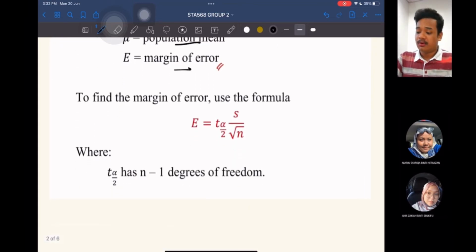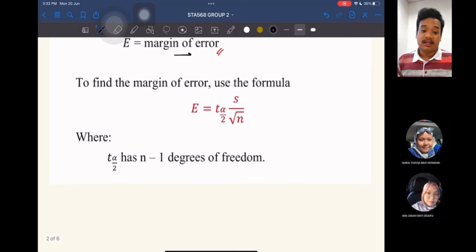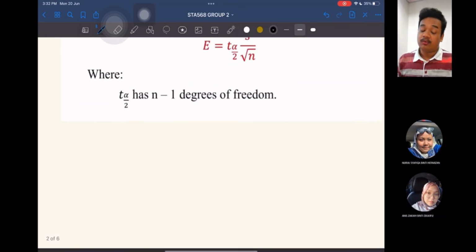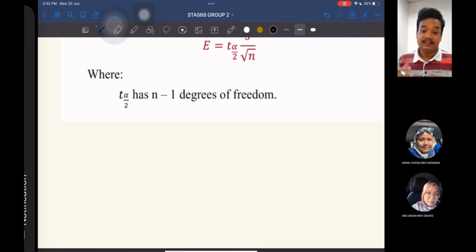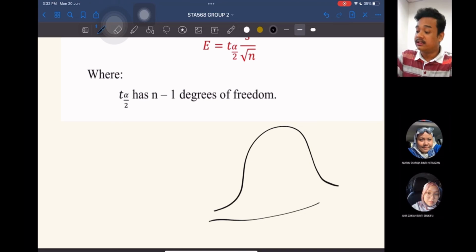Okay, I will be talking about why you have to put the degrees of freedom, because when the degrees of freedom increase, it will be close to a Z distribution. As an example, we have here the standard normal distribution, and then we have degrees of freedom.